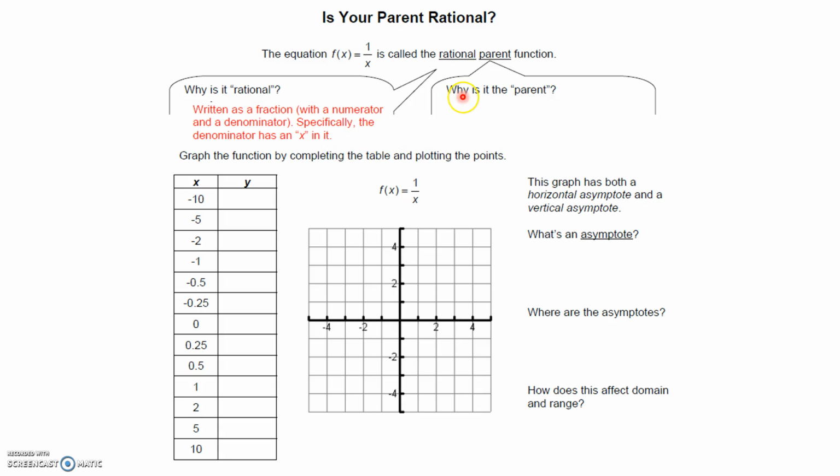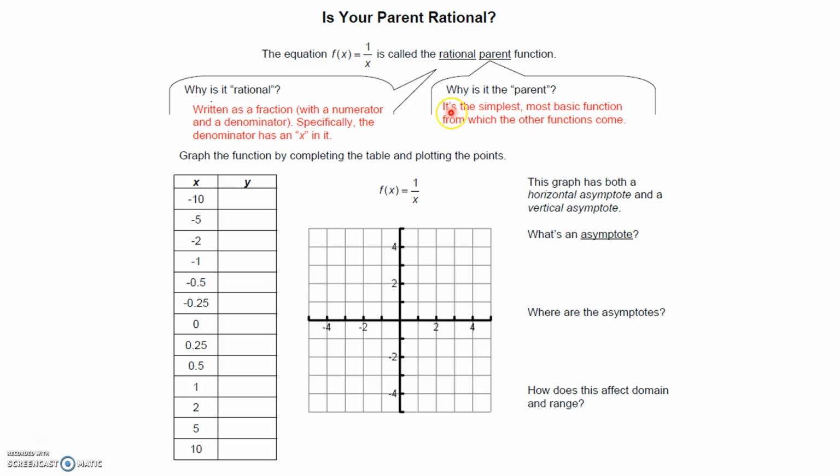And that is why it is a rational function. Now let's answer our next question. Why is it the parent? Well, we have graphed many parent functions throughout the year, starting with our linear function, our quadratic, our absolute value, and then this semester the exponential and the log. In all cases, they all had parent functions, and that was the function before we did any transformations on it.